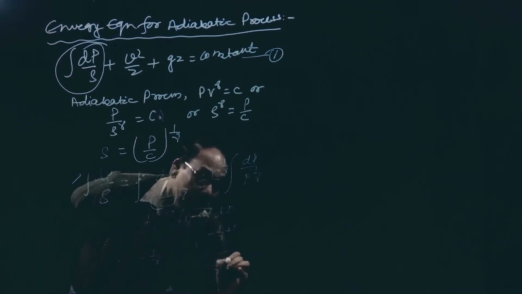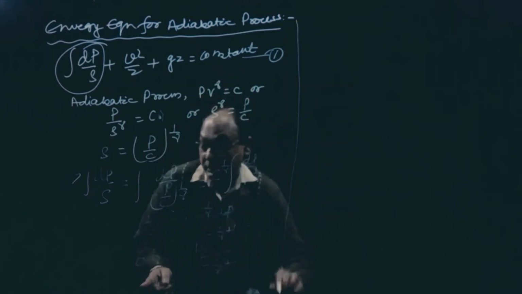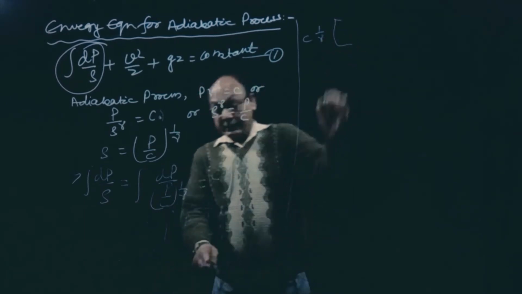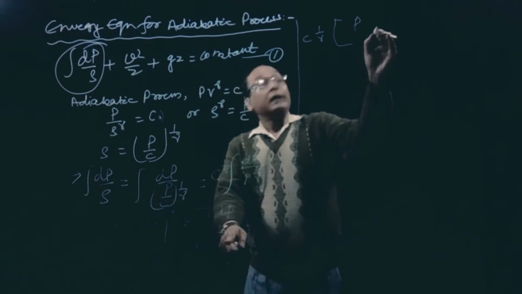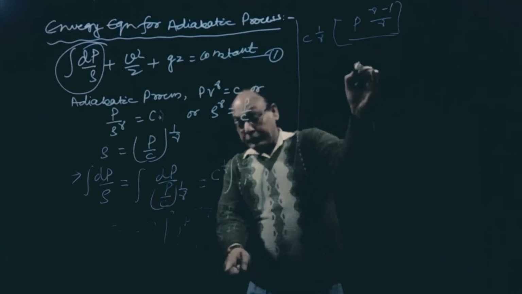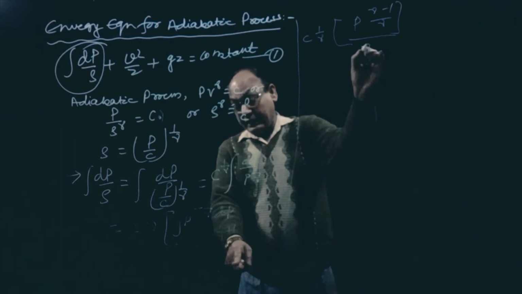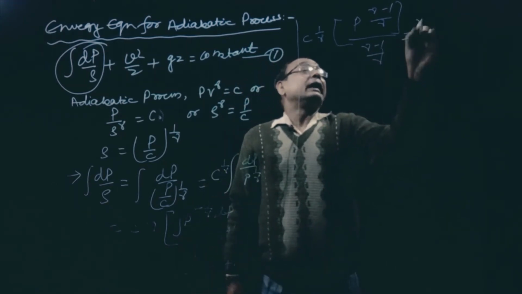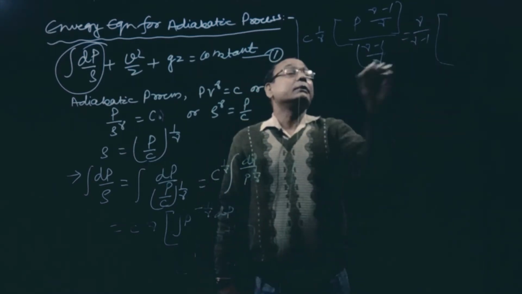So here n is minus 1 by gamma, so plus 1 gives gamma minus 1 by gamma. So this will be C to the power 1 by gamma into P to the power gamma minus 1 by gamma, and gamma by gamma minus 1 will go in the numerator.